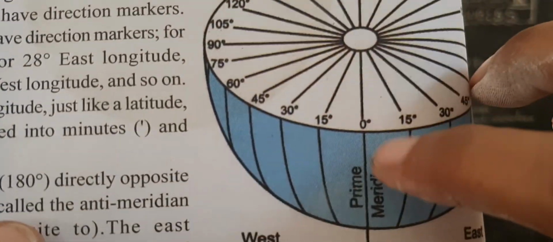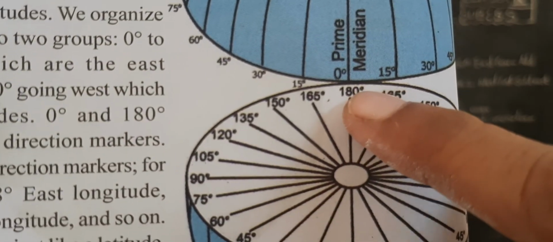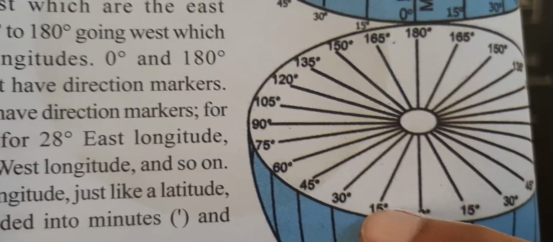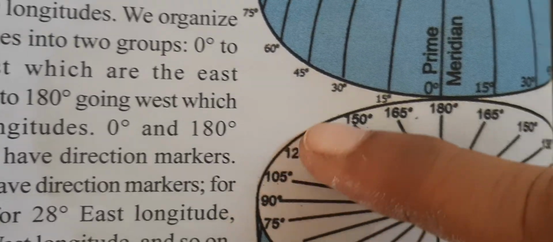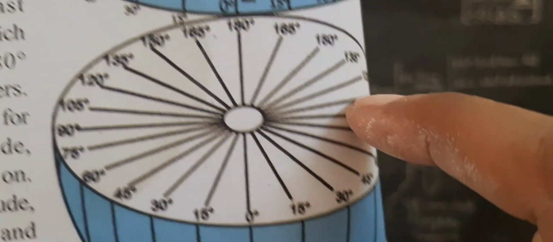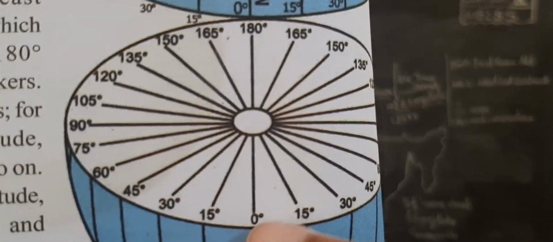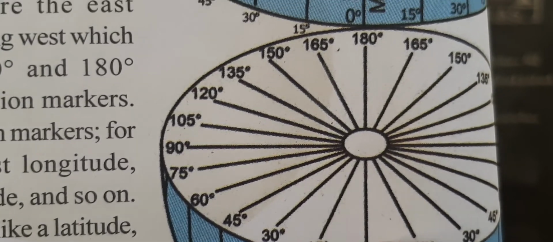Look, this is 0 degree. Now if you go in the opposite direction, this is 180. Next 10, 15, 30, 45, 90, like this. So in total how many, children? I said 360 longitudes. Okay.